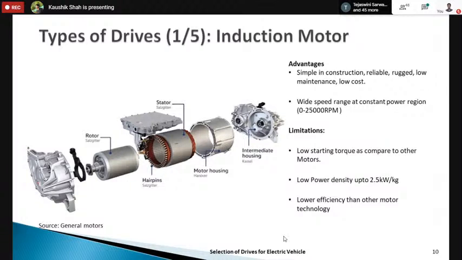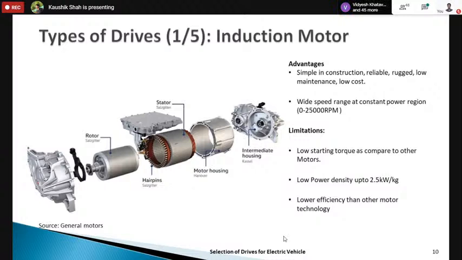You can see that it can go up to 25,000 RPM as well, right? The limitation here is, of course, the starting torque, as compared to other motors. So it doesn't mean that it cannot be put on electric vehicles, but you need to look at your application and then market. Second is the power density.